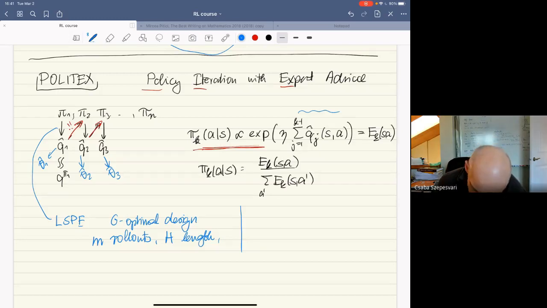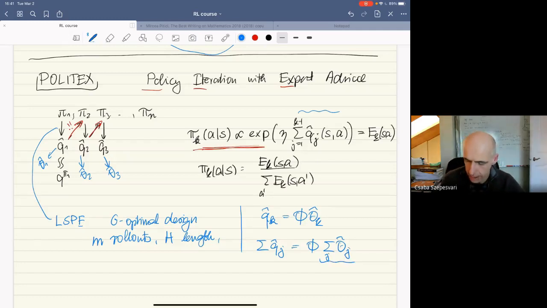Right. So recall that Q of k is just phi theta of k. So the sum of Q of j is just the sum of these thetas. We can just move the sum there.